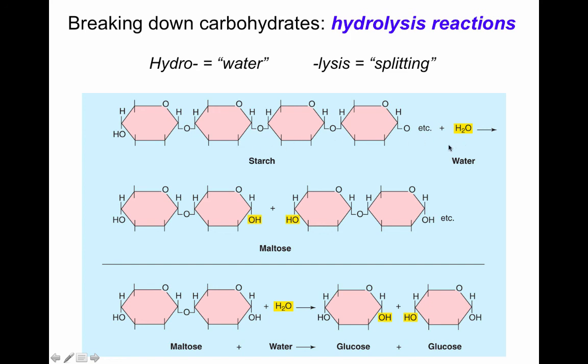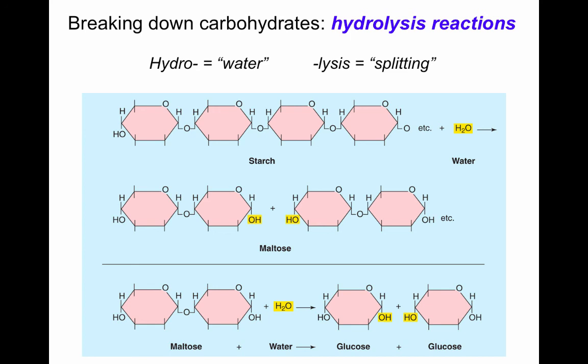The water molecule, with the help of an enzyme, will break the chemical bond between two of the sugar residues, and those 2 hydrogen and 1 oxygen atoms will bond to the ends of the molecules where they have just been split apart. And that is called a hydrolysis reaction. Hydro, water, and lysis means splitting.